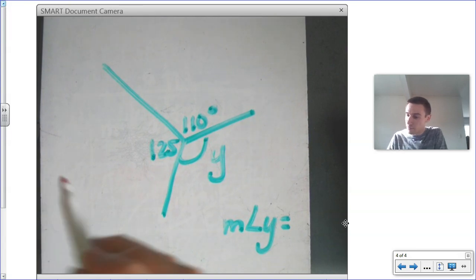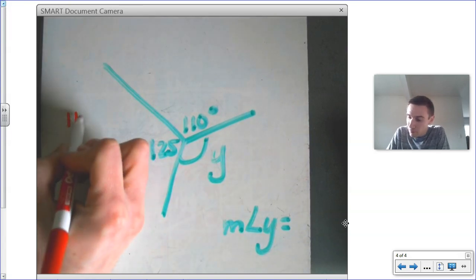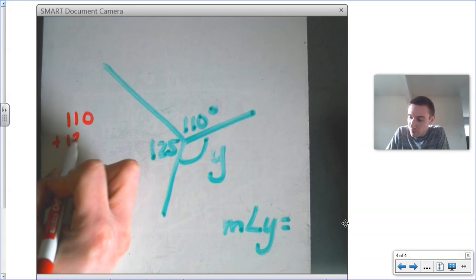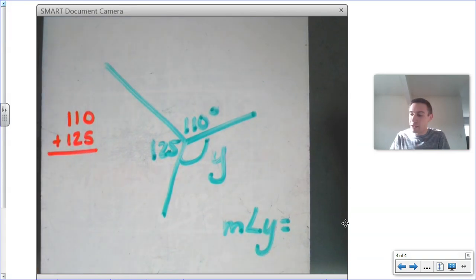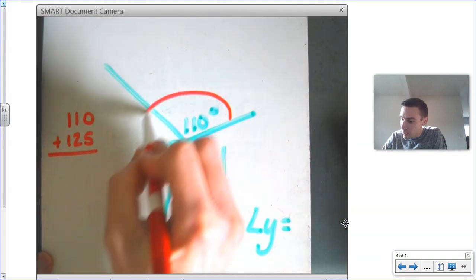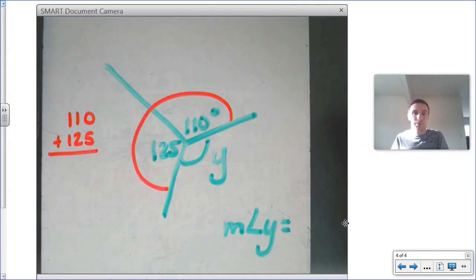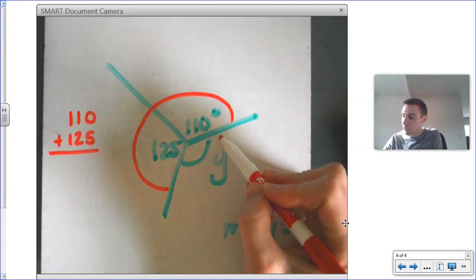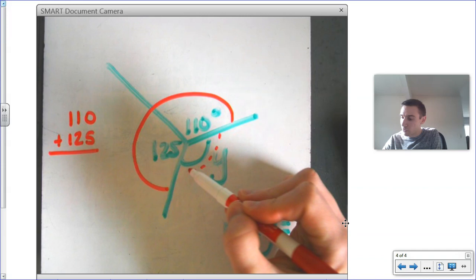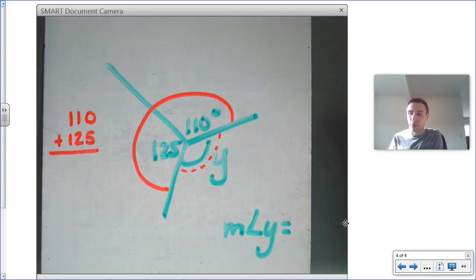What I need to do is add 110 plus 125 degrees, and that's going to tell me how many degrees I have in these two angles. Why is that important? Because I need to know how much I have altogether in those two angles so that I can figure out what's left on this angle.